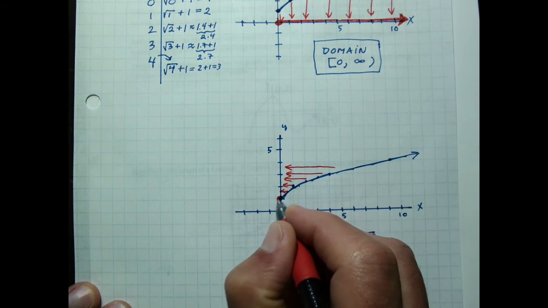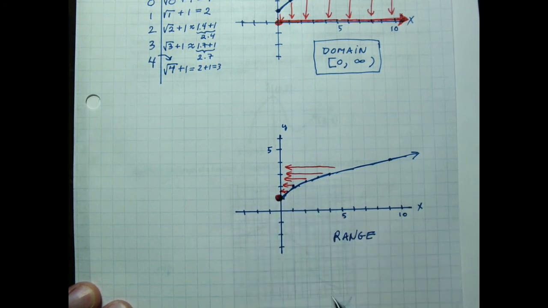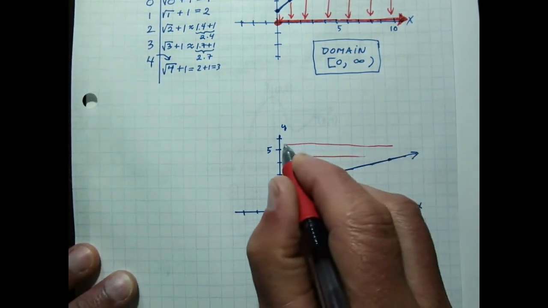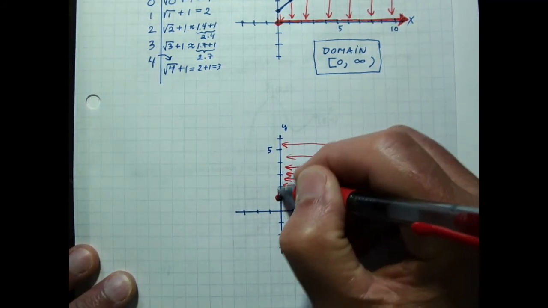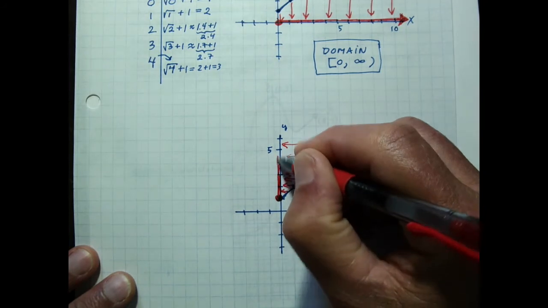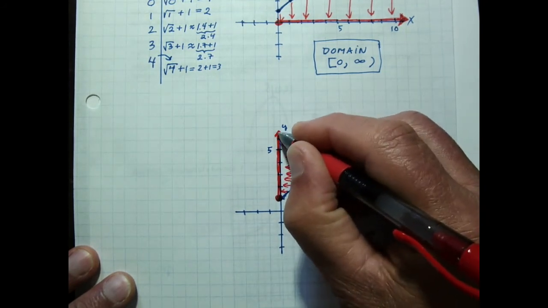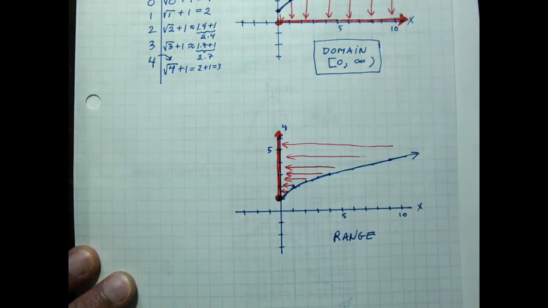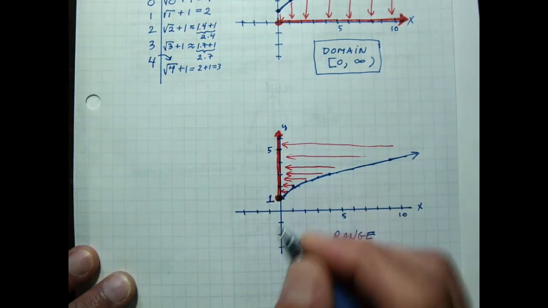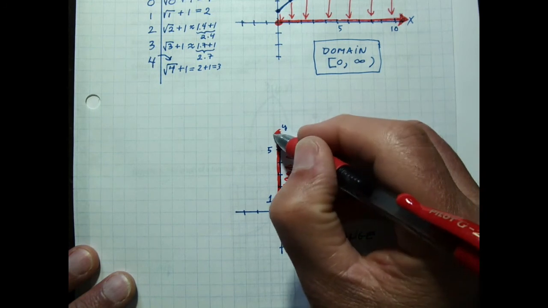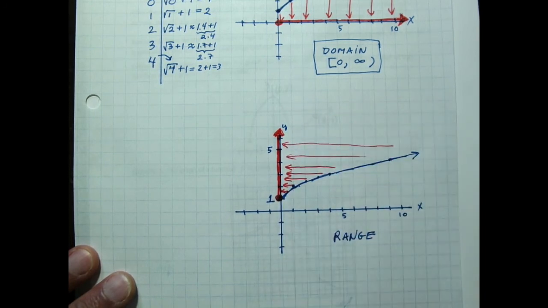And notice there's going to be a point right here, 1 up on the y-axis. And then as that graph extends, it's going to project onto the y-axis onto values greater than 1. So remember our initial point there was 0, 1, so y-coordinate 1. So this shaded, red portion of the y-axis is a picture of the range.